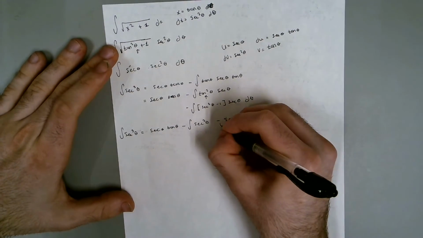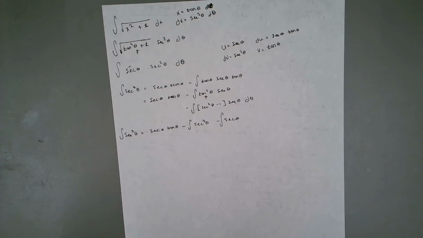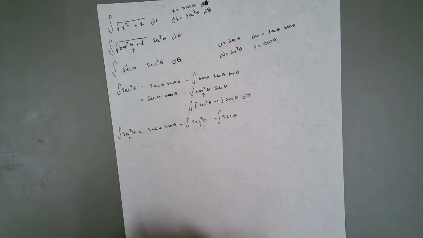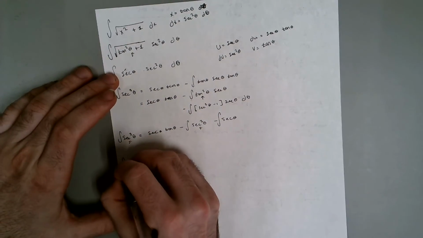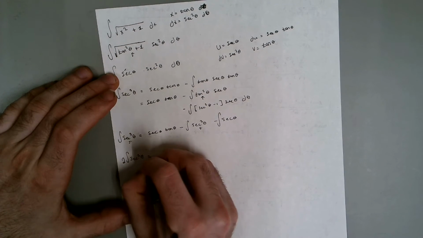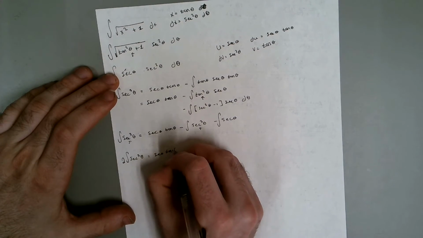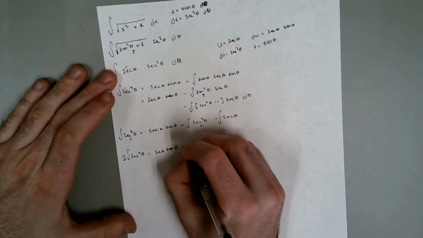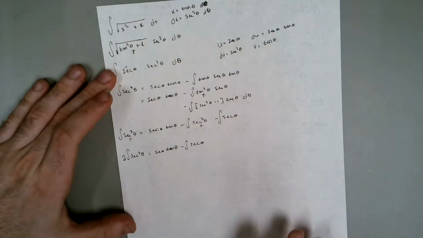Now, this can also be an integral, right, if we distribute the integral along with the secant. And so here we got to notice that we have these secant cubes. We're going to use this slingshot method, right? We're going to bring it all the way back. We're going to get that 2 times the integral of secant cubed of theta is equal to secant theta tangent of theta minus, right, the integral of secant theta.